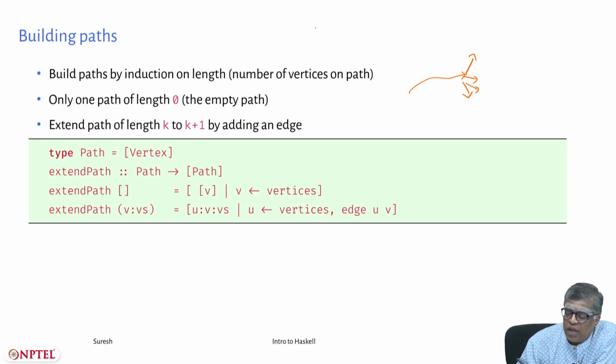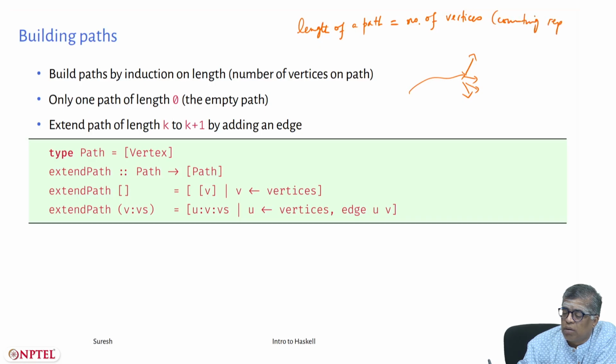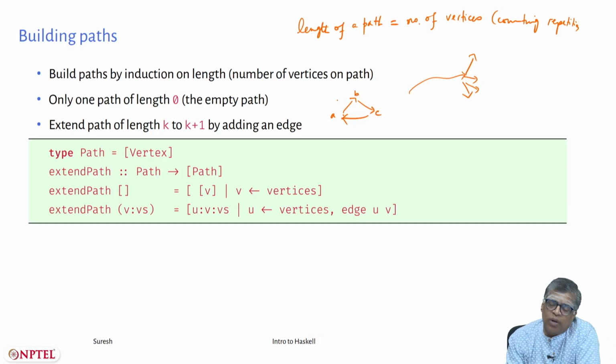By the way, when I say length of a path, it is the number of vertices, counting repetitions. Right. So if I have, for instance, 3 vertices, you can go round and round and round here.